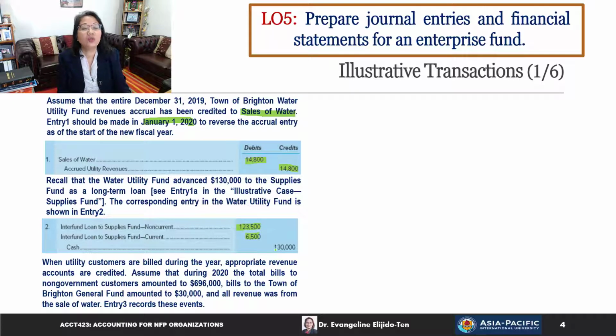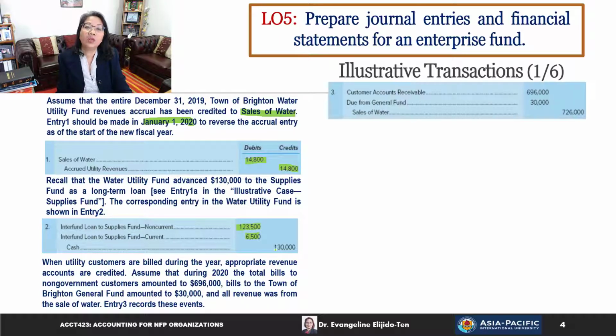Now, let's assume that during 2020, the total bills for non-government customers amounted to 696,000, and the bills to the Town of Brighton General Fund amounted to 30,000. All revenue was from the sale of water. So we will journalize this by debiting customer accounts receivable for 696,000.